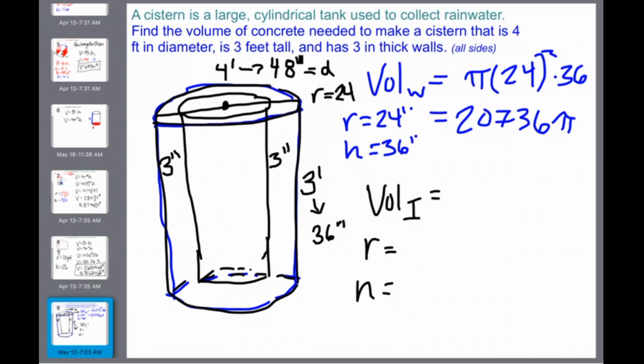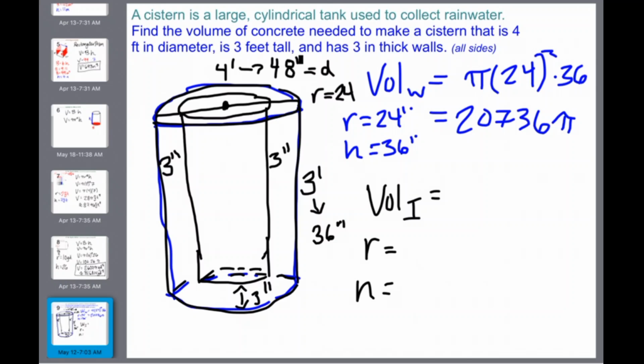So we have 3 inches down here between the bottom of our container and the bottom of the gap on the inside. So 3 inches all around. All right, and we're going to find our volume here.